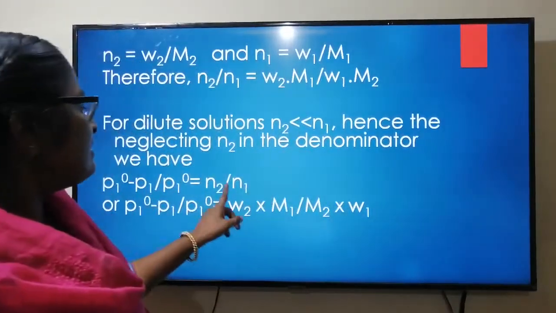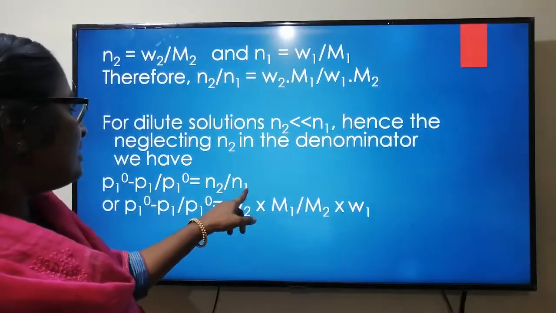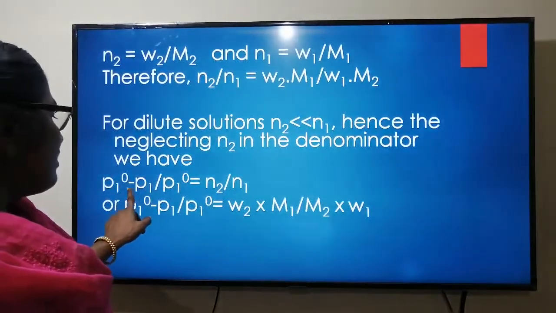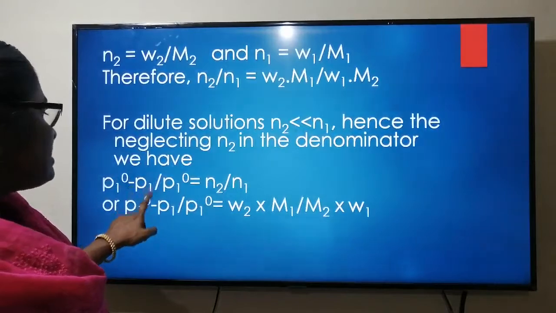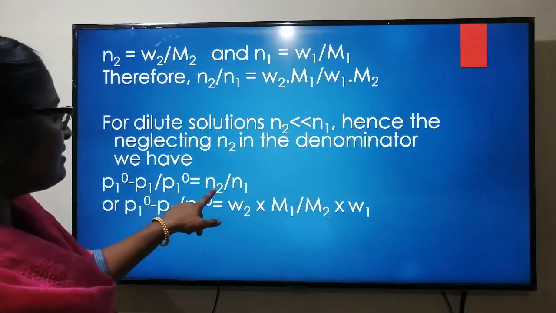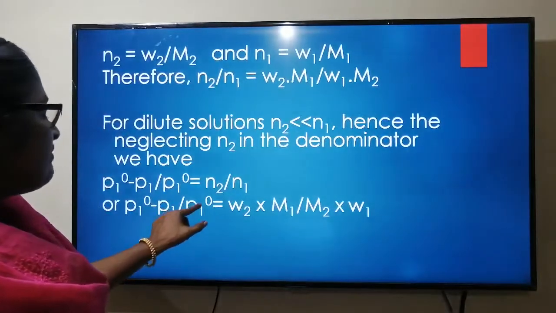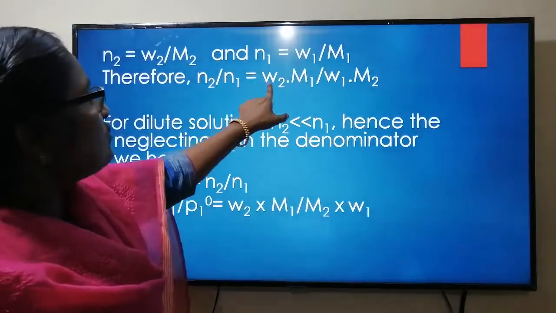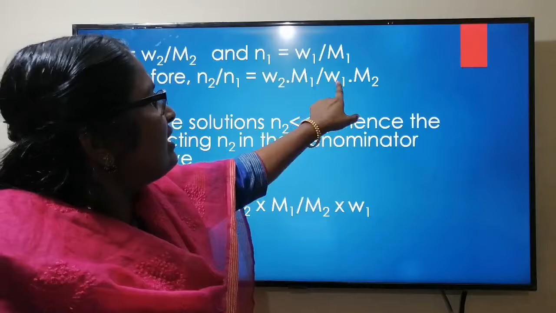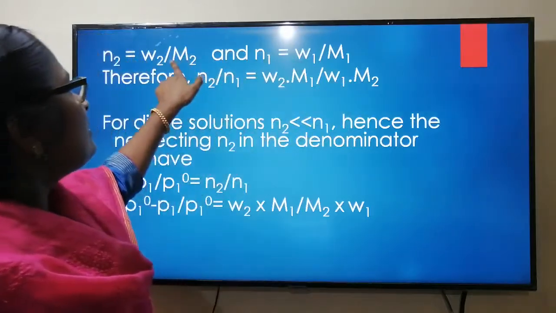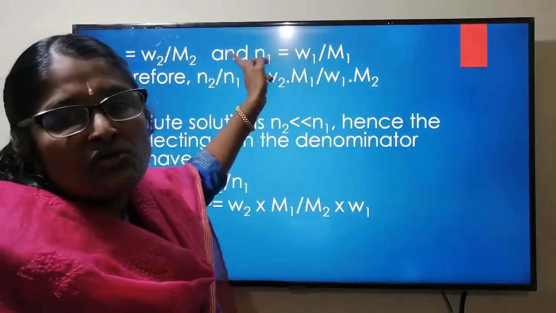That's why we take N2 by N1 plus N2 as N2 by N1. So the relative lowering of vapor pressure, P10 minus P1 all divided by P10, is equal to N2 by N1, which is W2 into M1 divided by W1 into M2, which we got from N2 and N1.